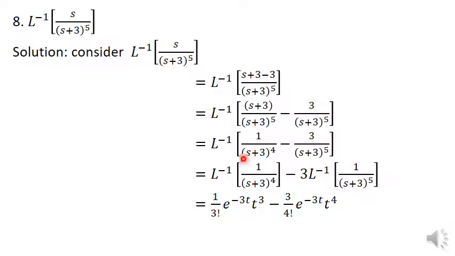On simplification we get this: minus 3 divided by (s plus 3) raised to the power of 5.